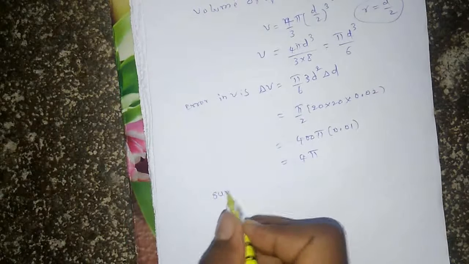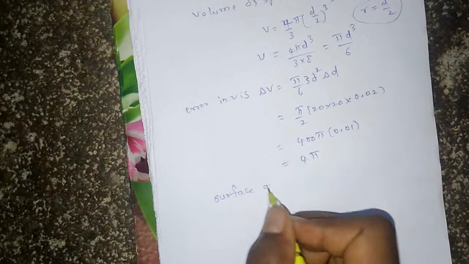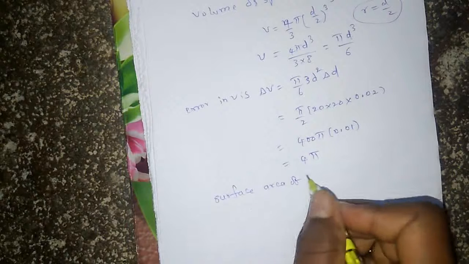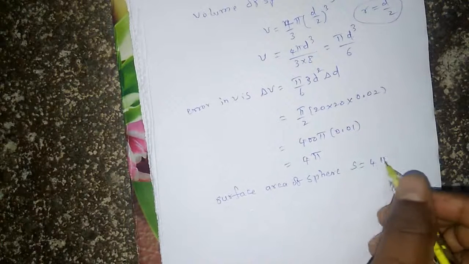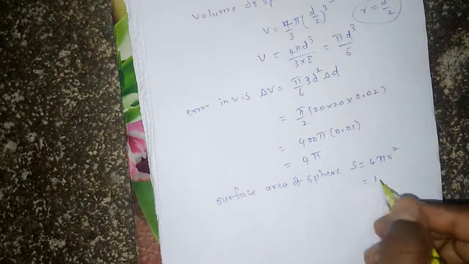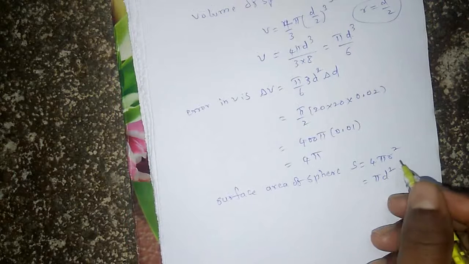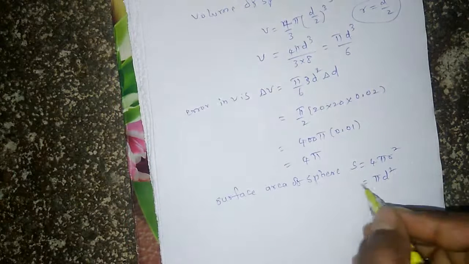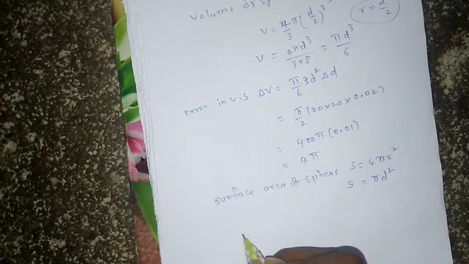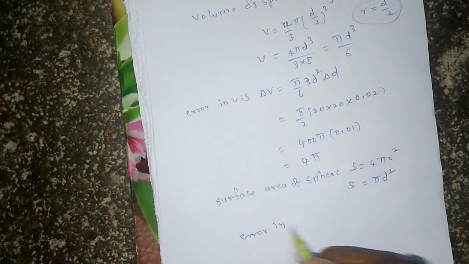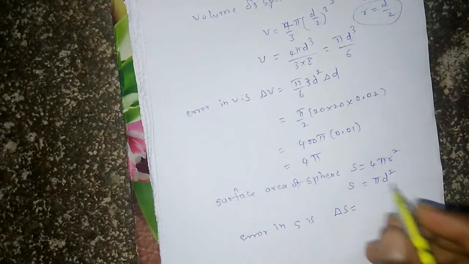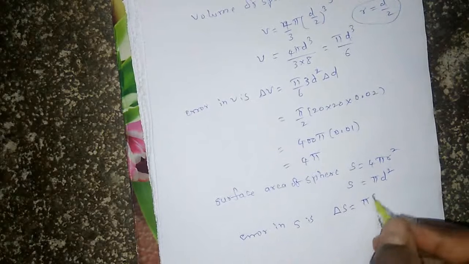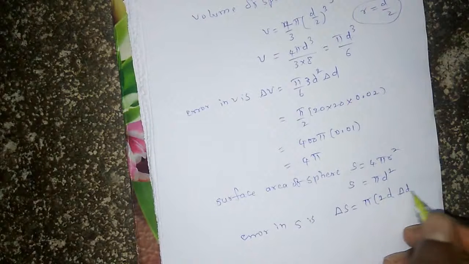Next, surface area of sphere. Surface area of sphere is S is equal to 4 pi r square, that is pi into d square, since r is equal to d by 2, d square by 4, 4 gets cancelled. Now error in surface area is delta S is equal to pi into derivative of d square, 2d into delta d.